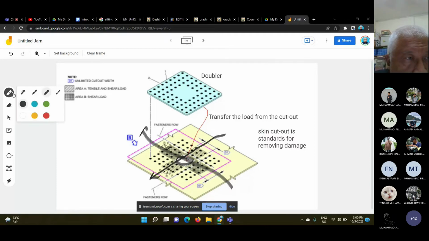So what is the load that you need to carry when you have a cutout area? This area B is the area where you carry shear, and then area A, tensile and shear.